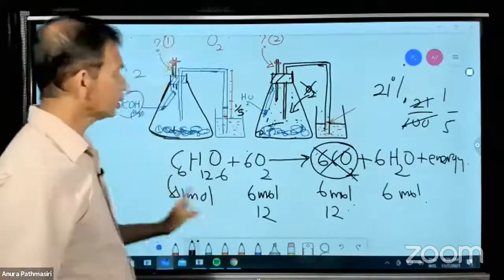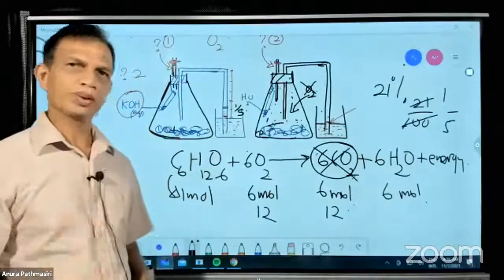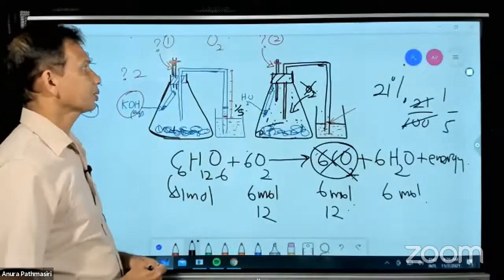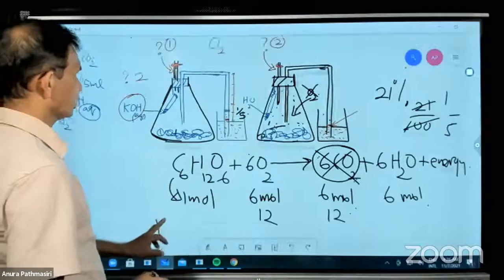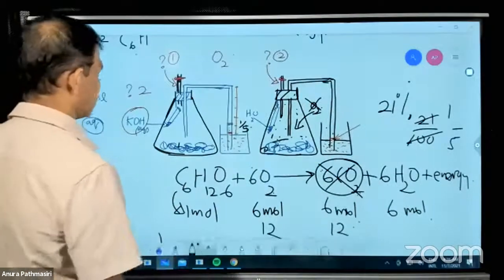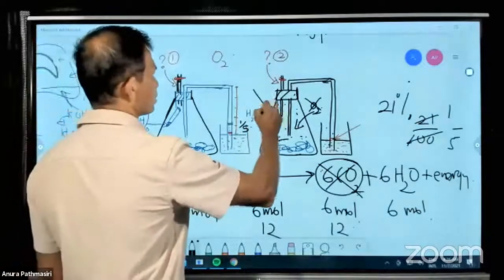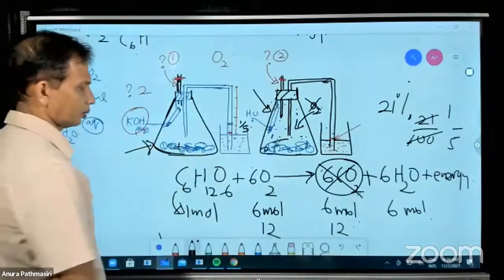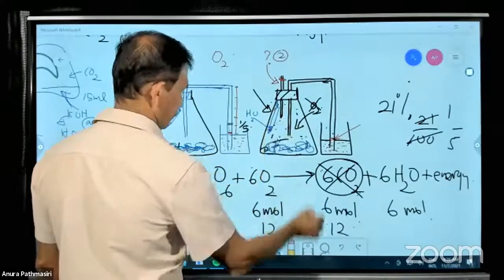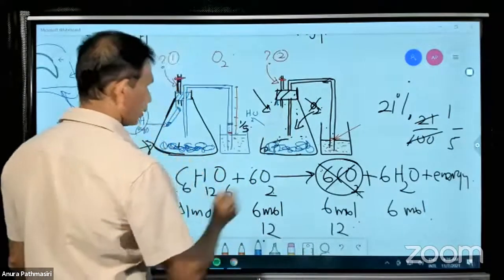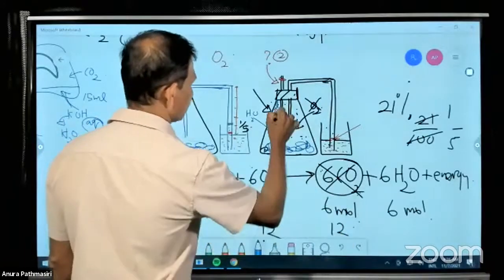So by using this one, we can make some questions. One point that we can use is: what is this instrument? This will not be included here, right?